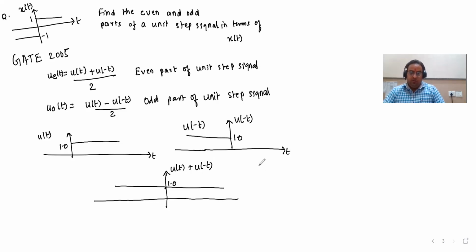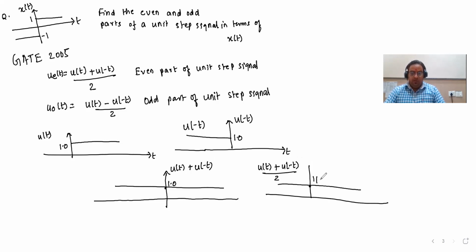If I calculate u of t plus u of minus t by 2, the signal will have this constant value, and here it will be 1 by 2. So that is basically the even part of our unit step signal, which is simply 1 by 2.